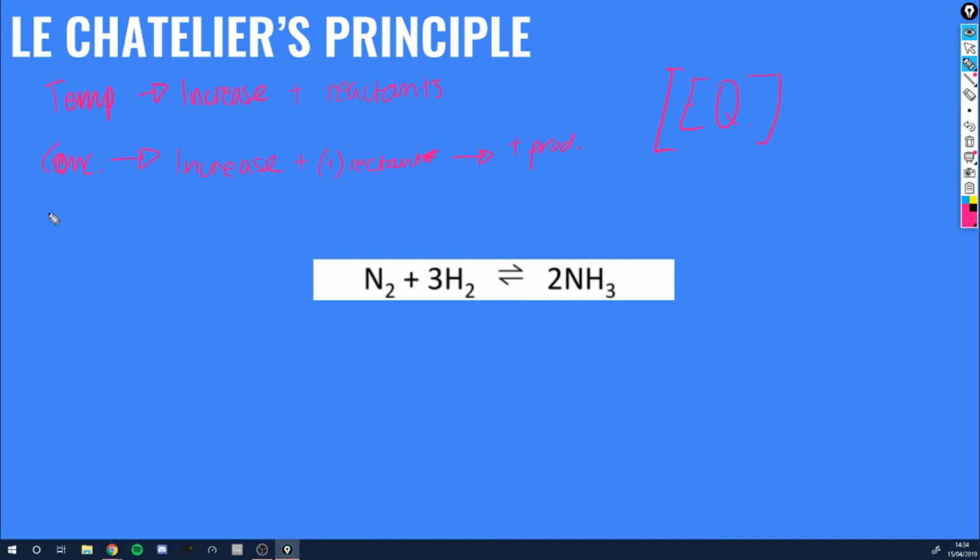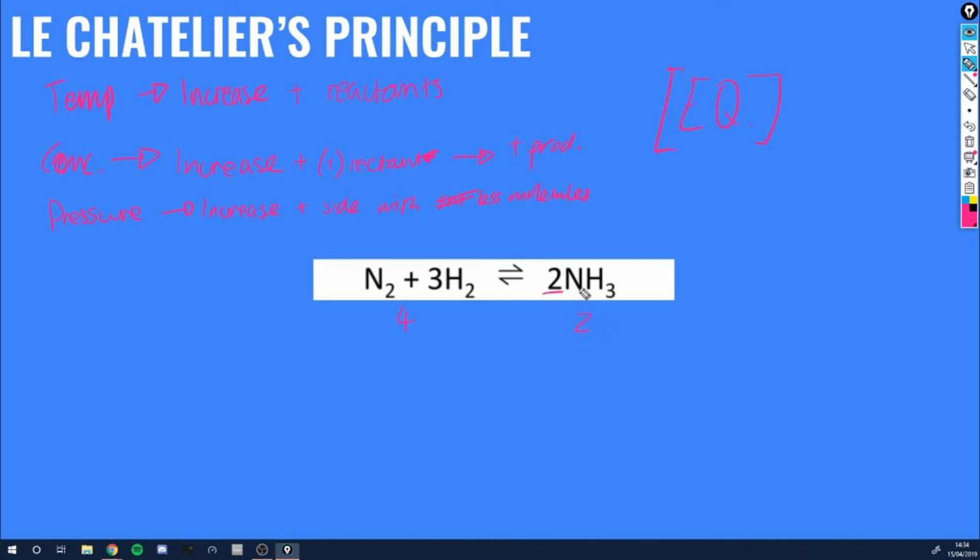And then with pressure, simple: as you increase, you'll get more of the side with fewer molecules. Like I said, on this side of the reaction you've got 1 nitrogen molecule and 3 hydrogen molecules, so 4 molecules overall, and here you've only got 2 molecules.